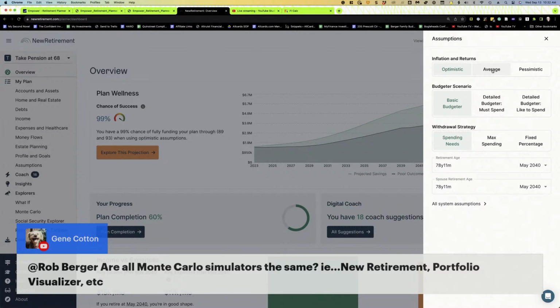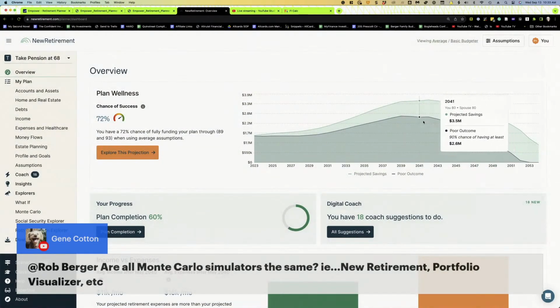We don't have a place to put in what we think the volatility will be, and that's why when we go to average, they both change. Now they're using the average between our pessimistic and optimistic rates of return. Down here in the dark green, the numbers have obviously changed because the input to the Monte Carlo analysis has changed.